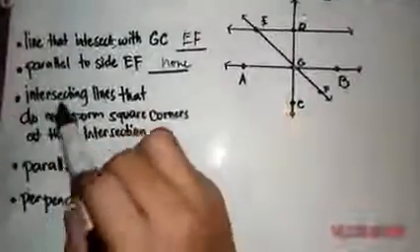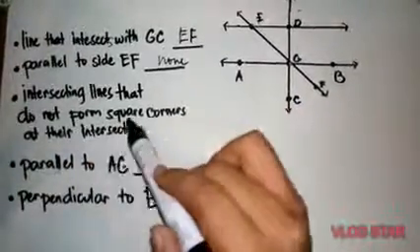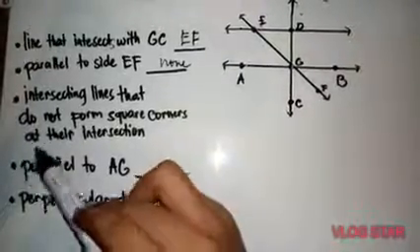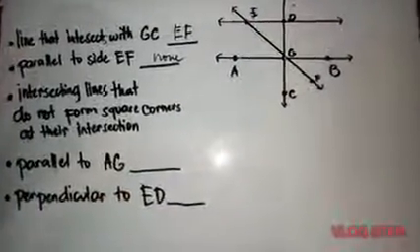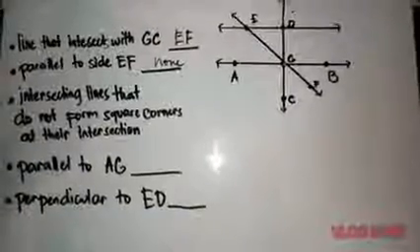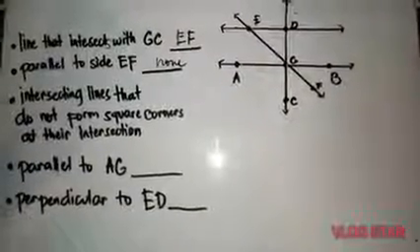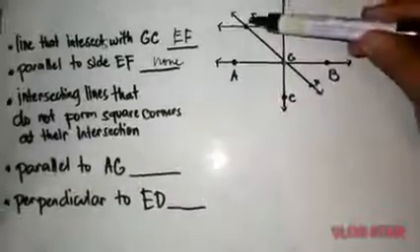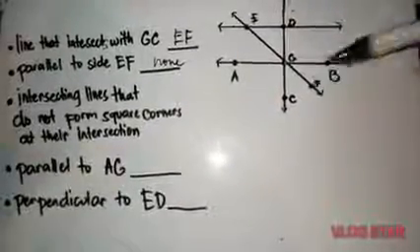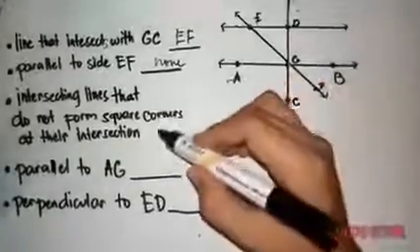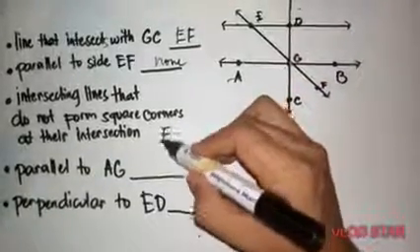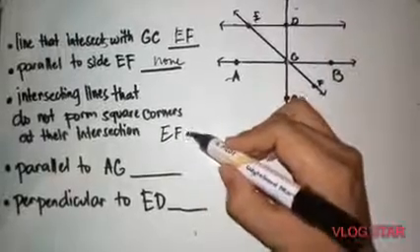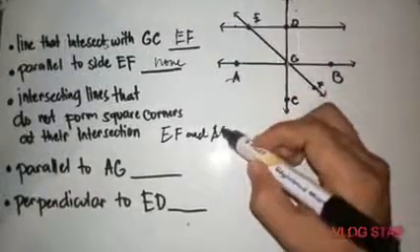Next, intersecting lines that do not form square corners at their intersection. So what is that? Intersecting lines that do not form square corners. First is line EF and line AB. EF and AB.